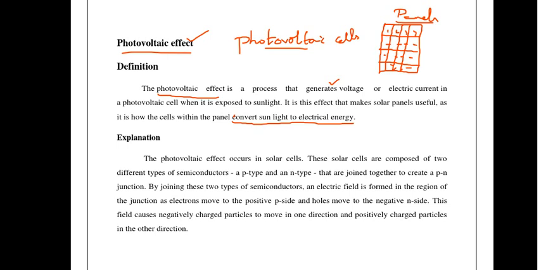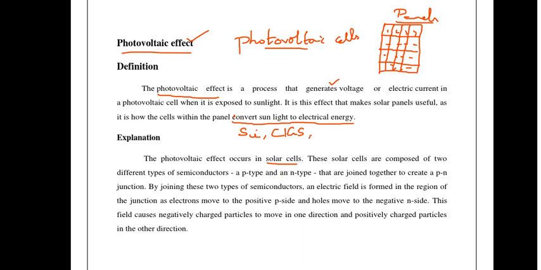Okay, a few more explanations. The photovoltaic effect occurs in the solar cell. Here, the solar cells are normally made up of silicon-based solar cells. Then there are cadmium, indium, gallium, sulfide, CIGS-based solar cells.